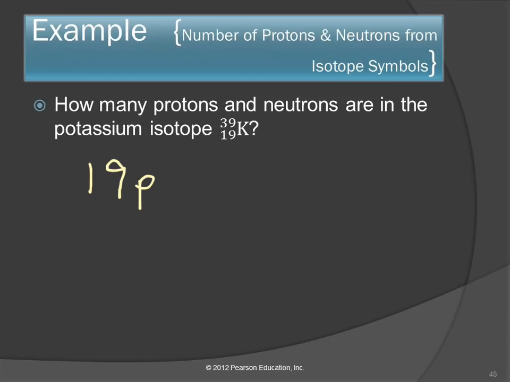How many neutrons? 20. Right? So this is the mass number, 39. Atomic number is 19. We just subtract. And that's the number of neutrons. So 19 protons, 20 neutrons, that's the answer.